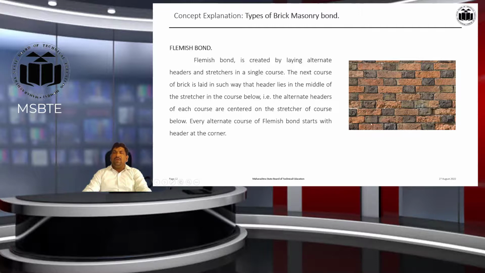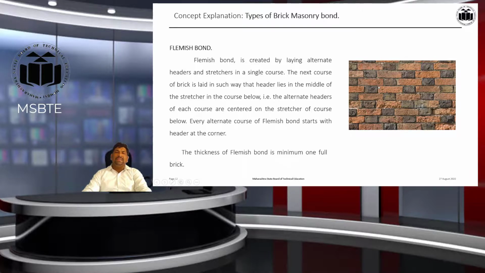And you can observe that on every stretcher there is a header at the center, so that your vertical joints can be neglected. Also, every alternate course is started with a header. So this is nothing but the Flemish bond.